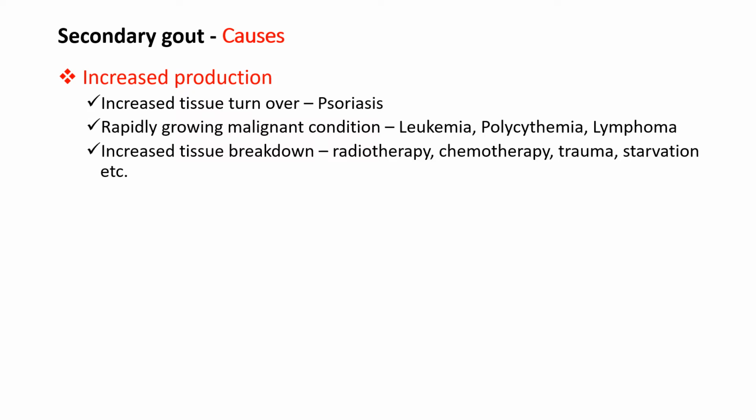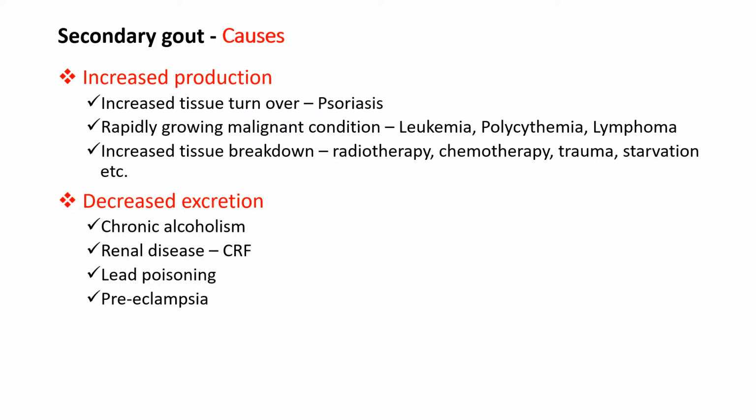For example, when we are treating a cancerous condition with radiotherapy or chemotherapy, or a person is having some trauma or starvation. In all these conditions, the cells are lysed, which releases nucleic acid. So there is more release of purines. Again, there is catabolism of purines, which releases uric acid. Thereby hyperuricemia and gout can occur in these conditions.